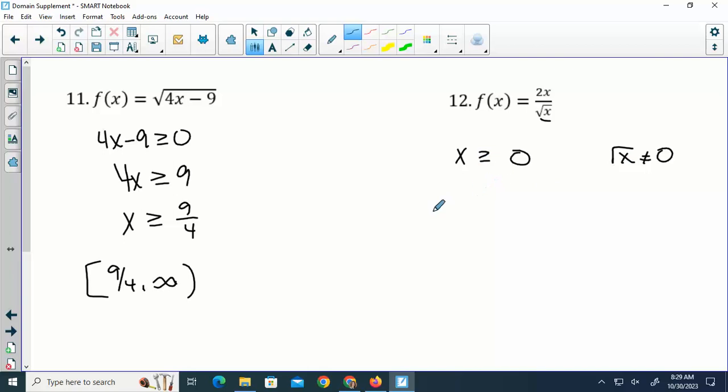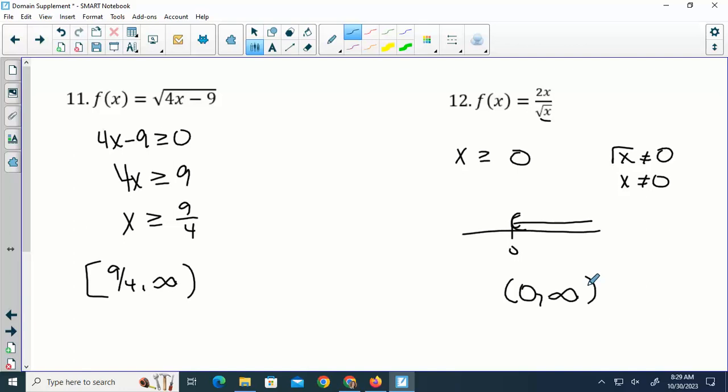So we have to put these together. If you square it, you get that x can't be 0. So this one says it's greater than or equal to 0, but this one says it can't be 0. So it's just 0 to infinity. You have to take out the 0. It's a parenthesis because it makes the denominator equal to 0.